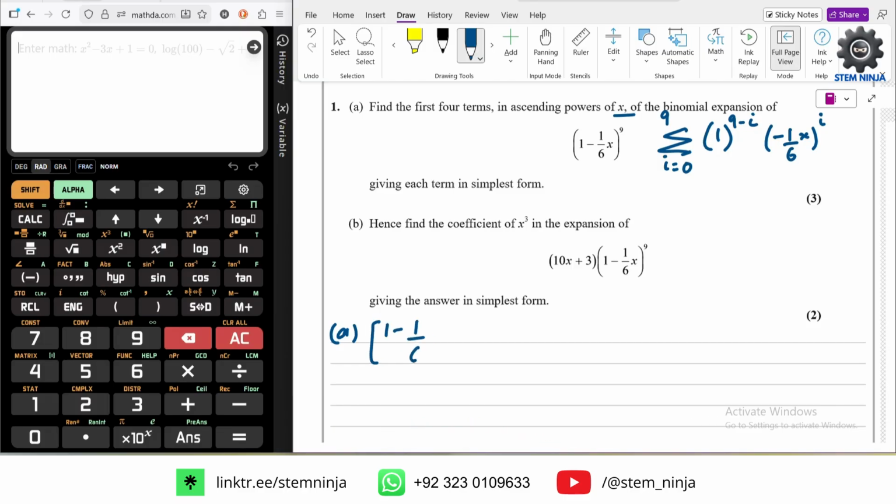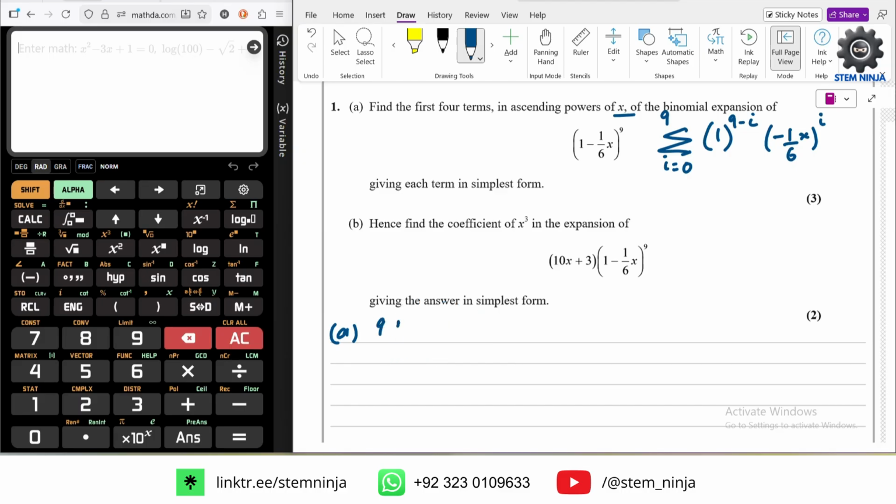1 minus 1 over 6x raised to power 9. I'm writing this approximation symbol or tilde to show that the first four terms is just an approximation of that. Or you can just simply write the first four terms also.